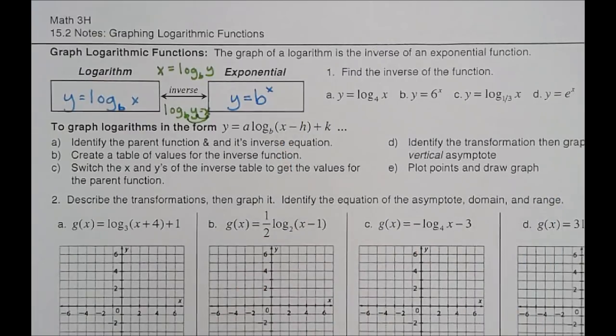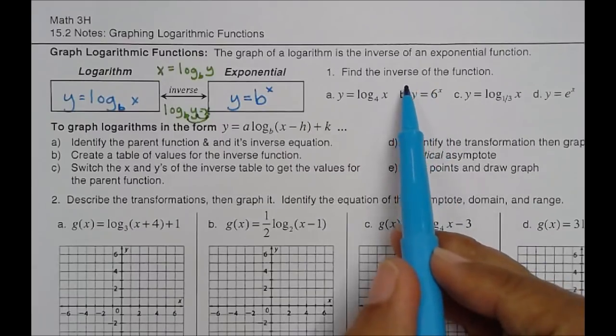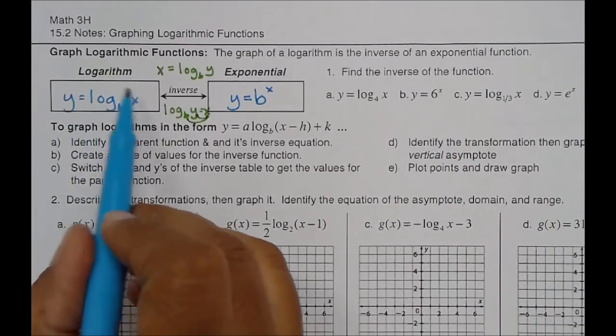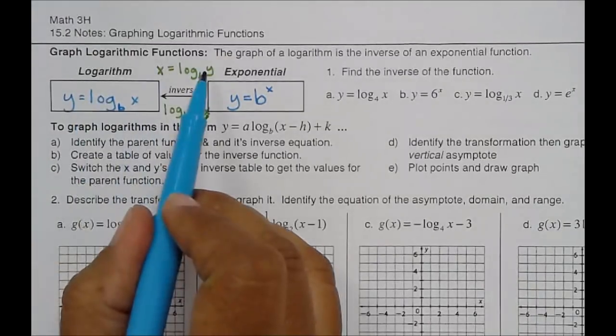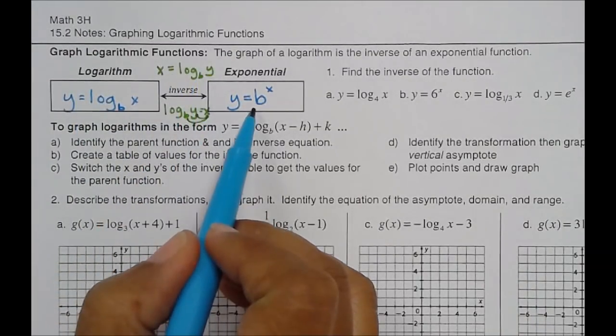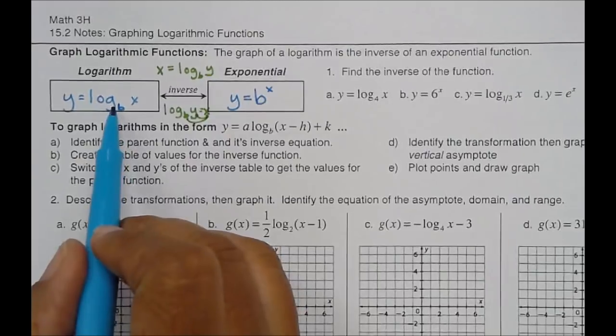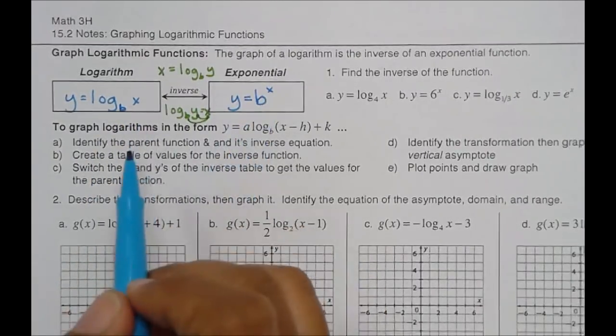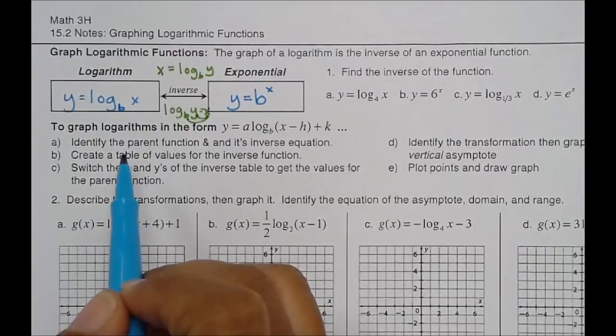So we are going to be shifting here, but we are first going to practice finding the inverse of the function. You can take all these logarithmic forms, switch x and y, and then rewrite in exponential form. But if you can see the shortcut between log base b of x and b to the x, this will be much easier than rewriting it every single time.